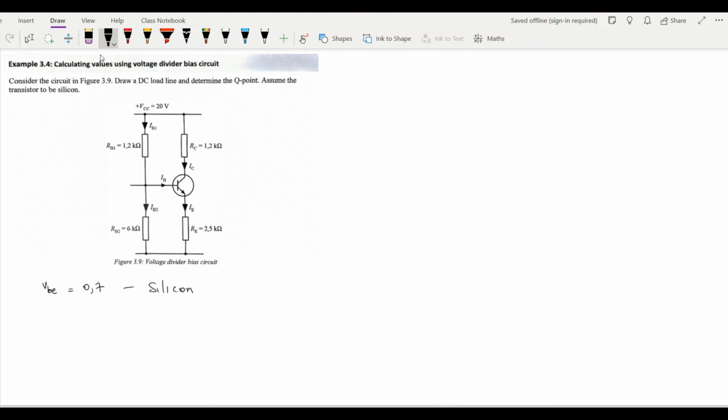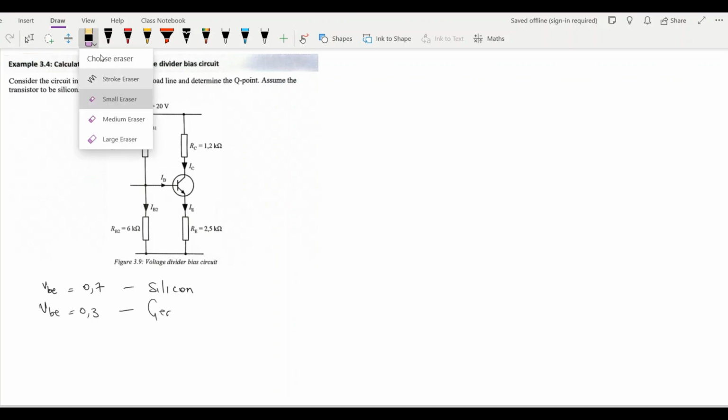Sometimes the examiner may choose not to tell you, just as you see in this example, whether this is a silicon or a germanium. But if it's a germanium diode, that means your VBE will be equal to 0.3.